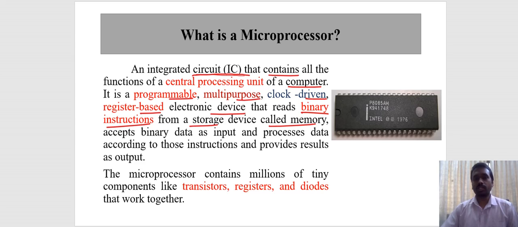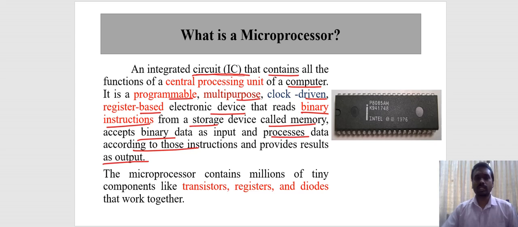So whatever operation you want to do with the microprocessor, you have to tell the microprocessor through a set of instructions. Those instructions are stored in memory, and it accepts binary data, processes it according to these instructions, and provides results at the output. So this is the basic definition of a microprocessor.